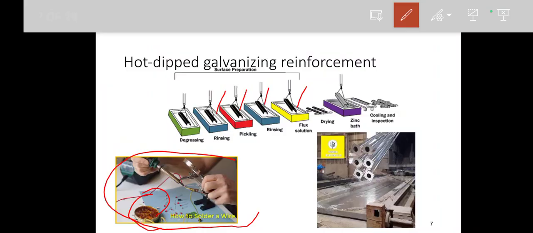Whenever they want to make a solder joint, they dip it in this semi-solid material, and then if you heat it with the zinc material, it will easily bond to that. Like that we have to apply the flux. If we apply flux, the bonding will happen, and then we should dry it.